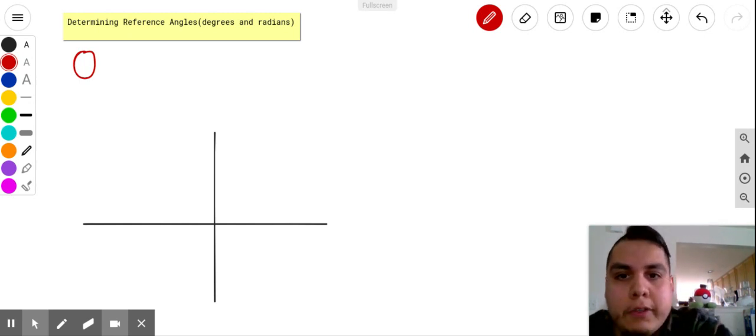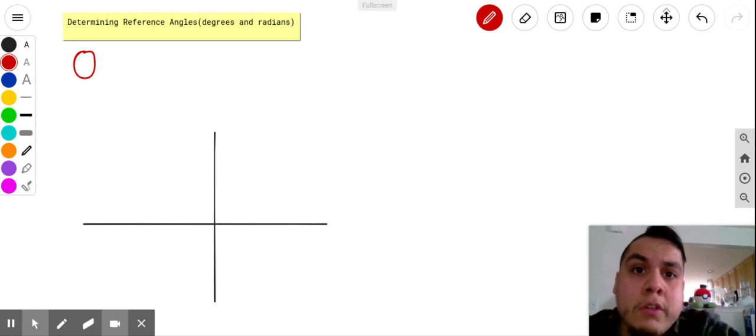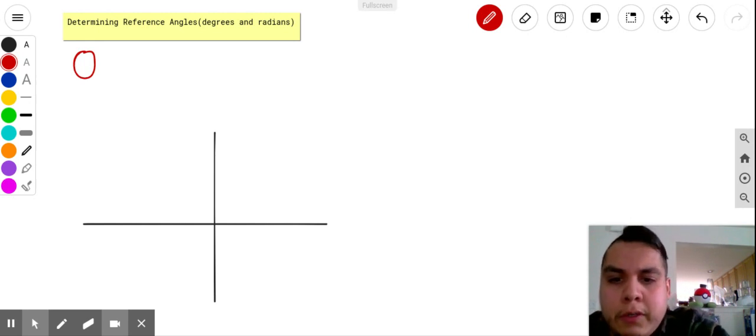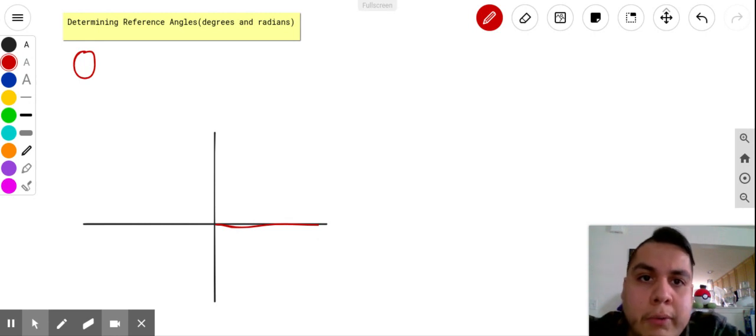Because now we're going to focus on the radians. So if we're talking about 0, well, 0 would be this right here, which is 0 degrees off, or 0 radians off the x-axis.